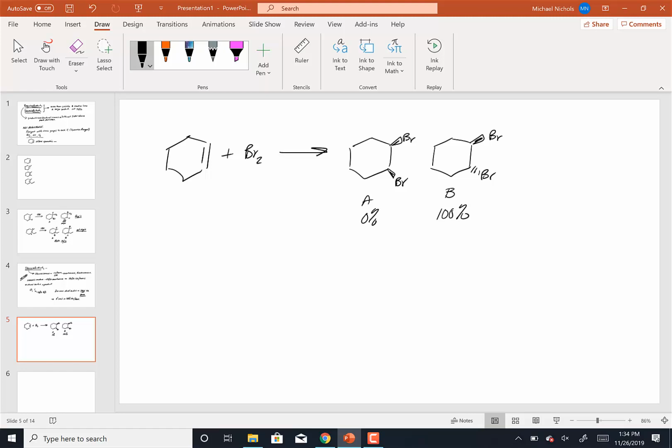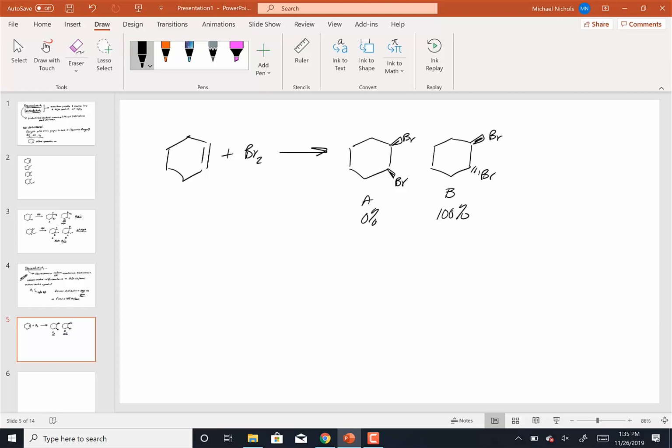So do we have more than one possible product? Yes. Did we select one over the other? Yes, 100-0. Is the reaction stereoselective then? Yes. By the strict definition, I have 2 possible products. I selected one over the other. Oh wait, I guess we need one more thing.